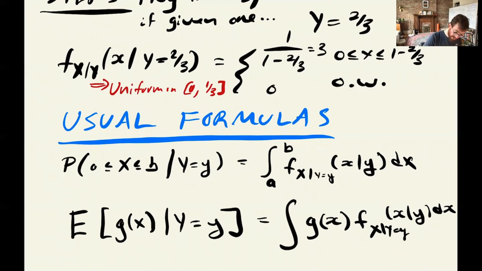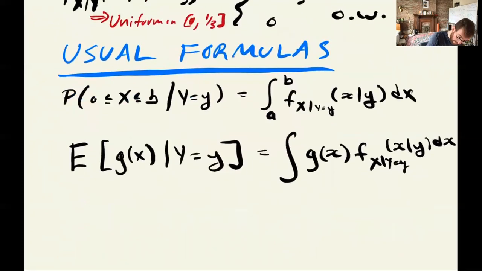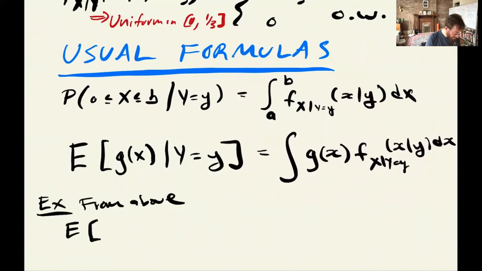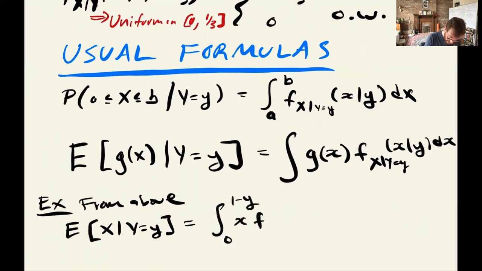In the general case, what does this look like? If I were to look at the expectation of x conditioned on y equals little y, then I have to integrate from 0 to 1 minus y, x times this conditional f of x given y, little x, little y.